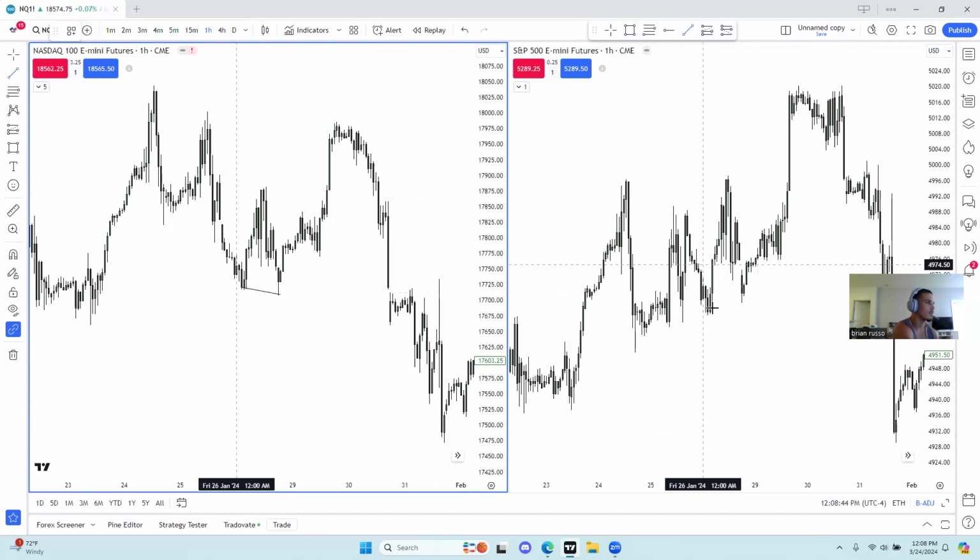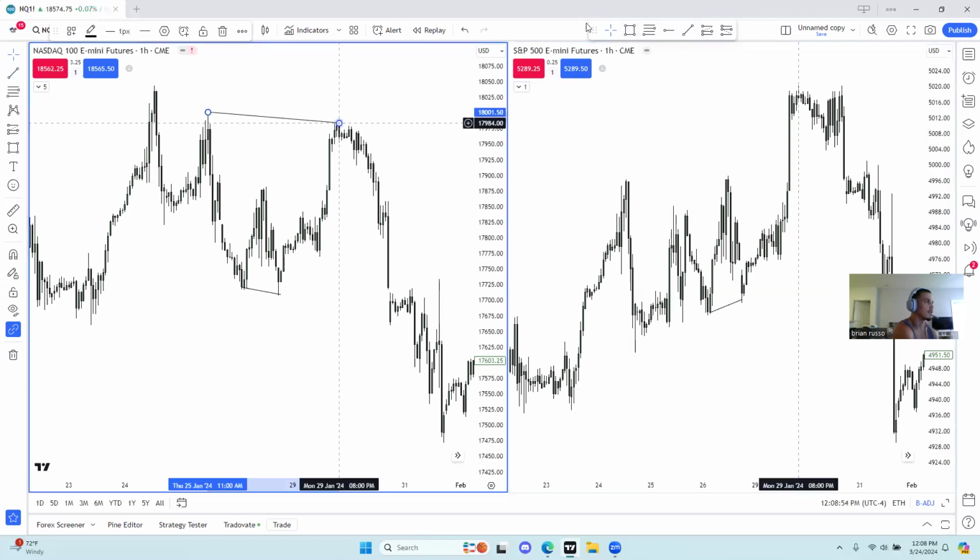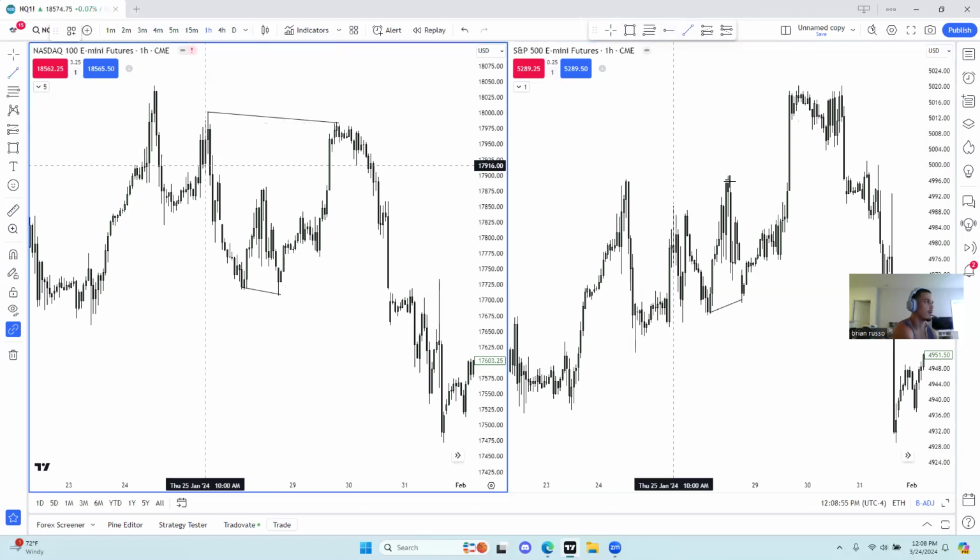Very nice. Happens on the 15 minute too. So that's a bullish SMT because it's on the bottom. And then obviously we got a bearish SMT on the top. So price dropped after that.